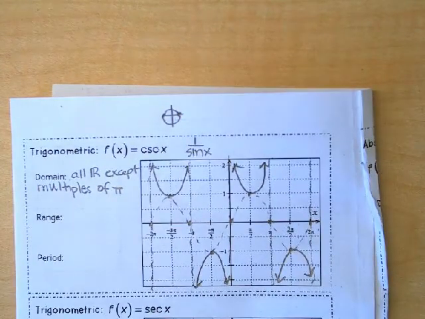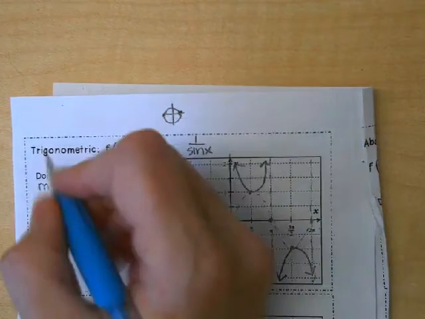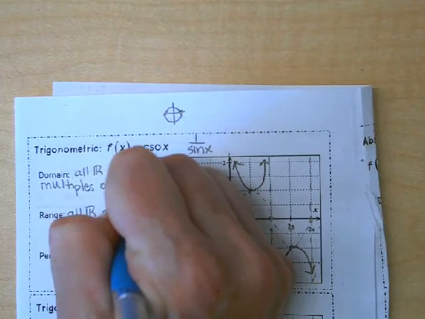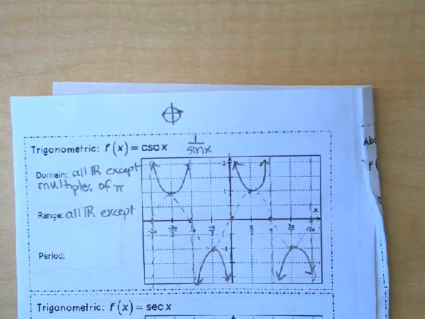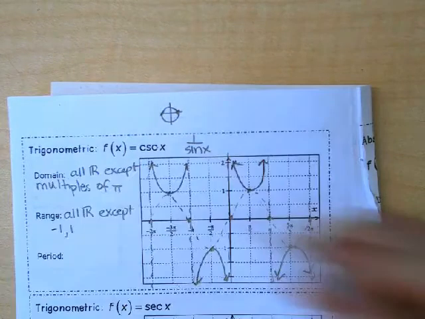Okay, the range. This is a weird one because it never is going to go inside of here. So I'm going to say that it's all real numbers except for the numbers from -1 to 1.